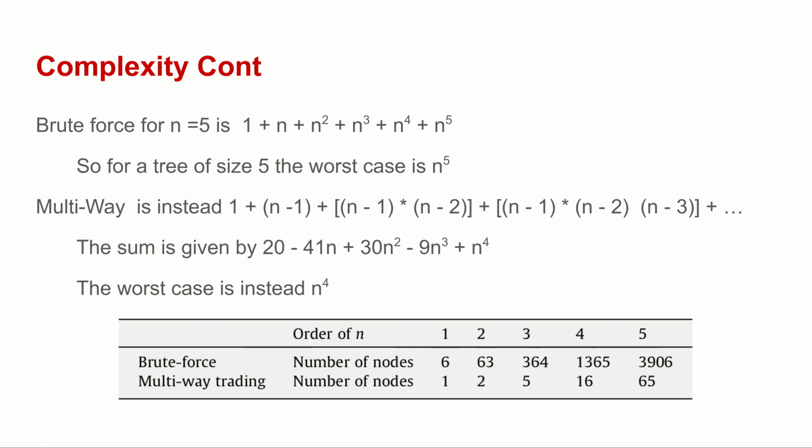If you solve this out and combine like terms, you get 20 minus 41n plus 30n squared minus 9n cubed plus n to the fourth, which makes the worst case actually n to the fourth. So again, still n to the n, but way better n to the n.